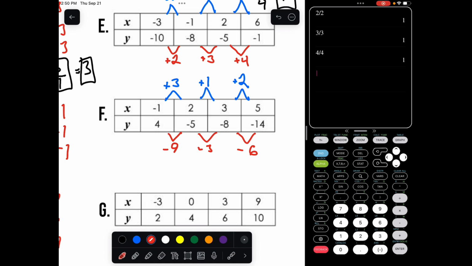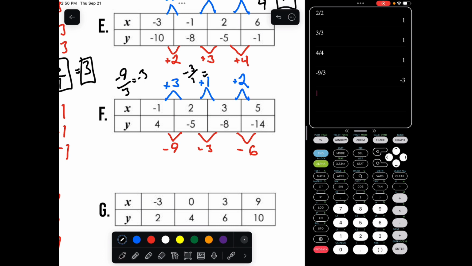But again, if I plug these into my calculator, my change in y over my change in x, negative 9 over 3 equals, well, let's find out. Negative 9 divided by 3 equals negative 3. Negative 3 over 1, I don't need my calculator for that one.